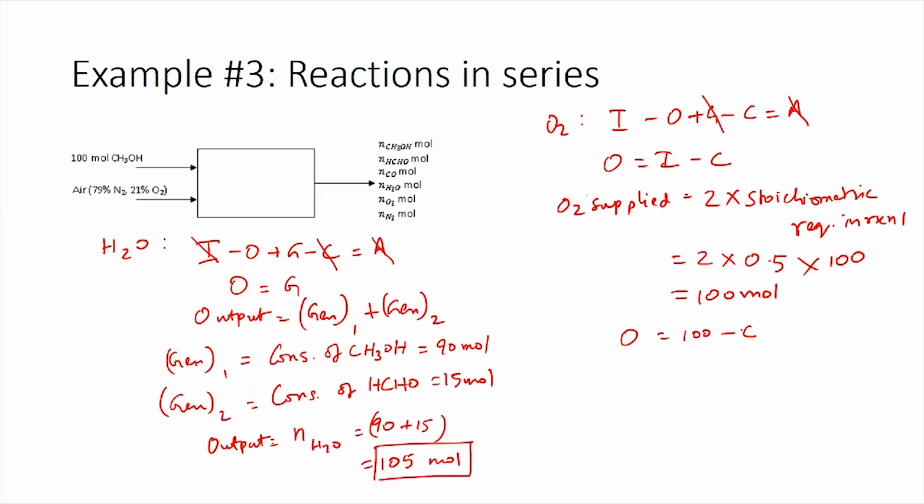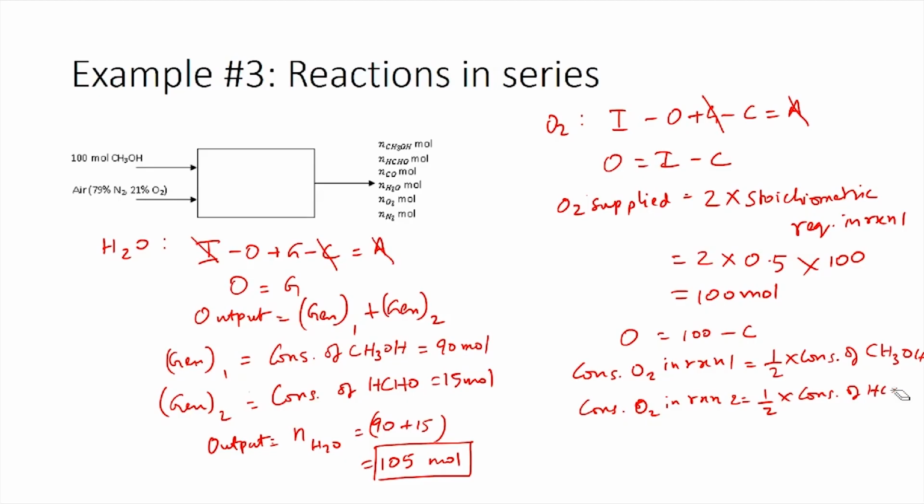Now, let us look at what the consumption would be. Consumption of oxygen in reaction 1 would be half the generation of formaldehyde, or half the consumption of methanol. So, this would be half times consumption of methanol, and consumption of oxygen in reaction 2 would be half the consumption of formaldehyde in the reaction.